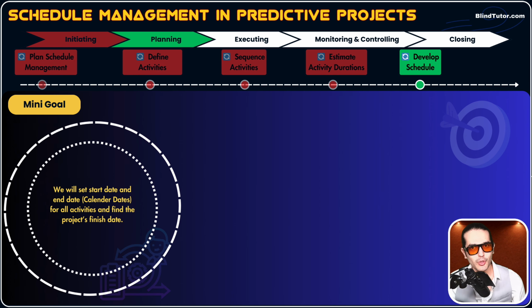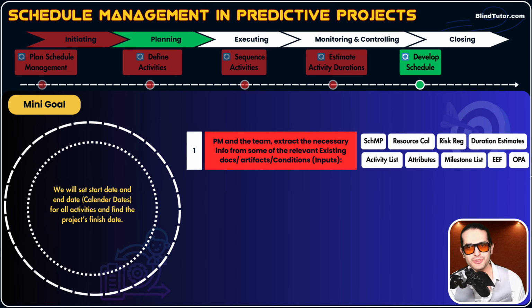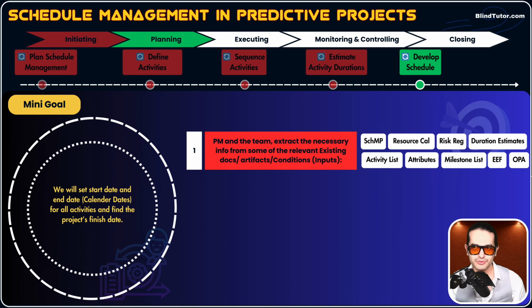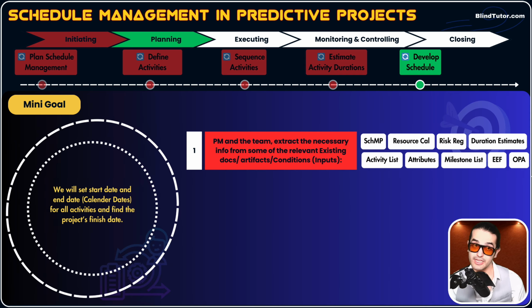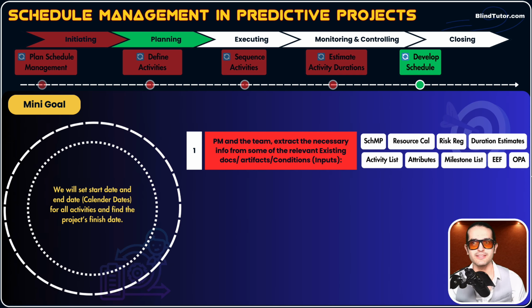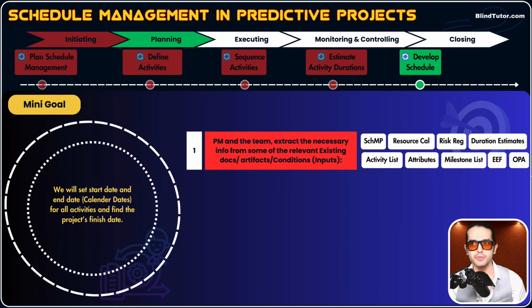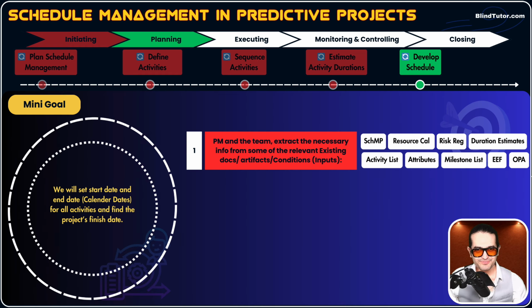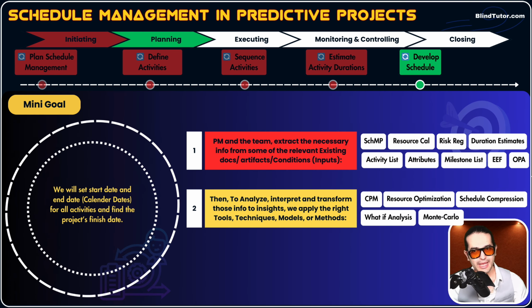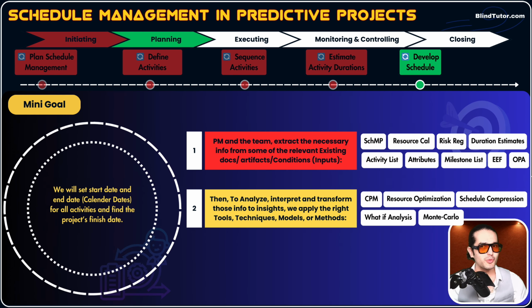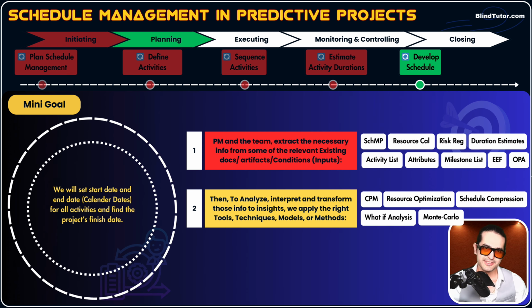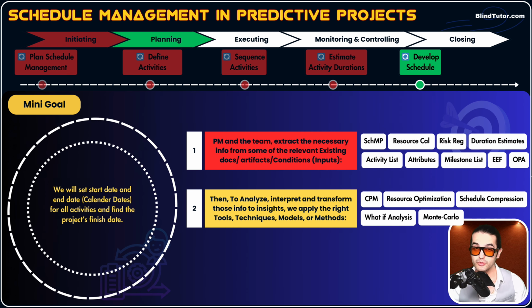To do so, we use inputs, guys. We review some existing documents like what? Like schedule management plan, resource calendar, risk register, schedule network diagram, duration estimates, activity list, activity attributes, milestone list, EEF, OPA, lots of inputs. Then, to analyze, interpret, and transform that information into insights, we apply the right tools, techniques, models, and methods. Lots of new tools and techniques, guys.